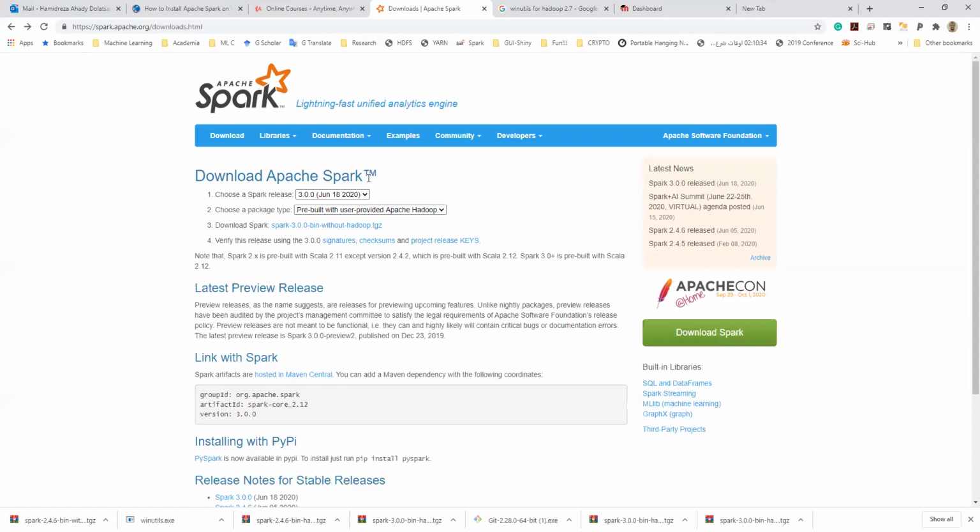Which is actually not a bad thing. RDDs are not that convenient to work with, especially if you just start learning Spark. So having said that, select the latest version, Spark 3. If you've already installed Spark 2.4, it shouldn't be a big issue.